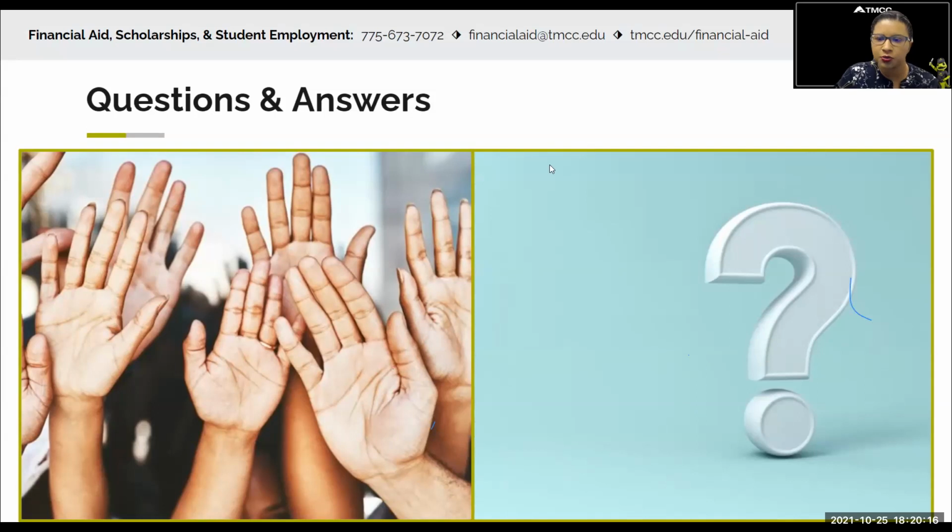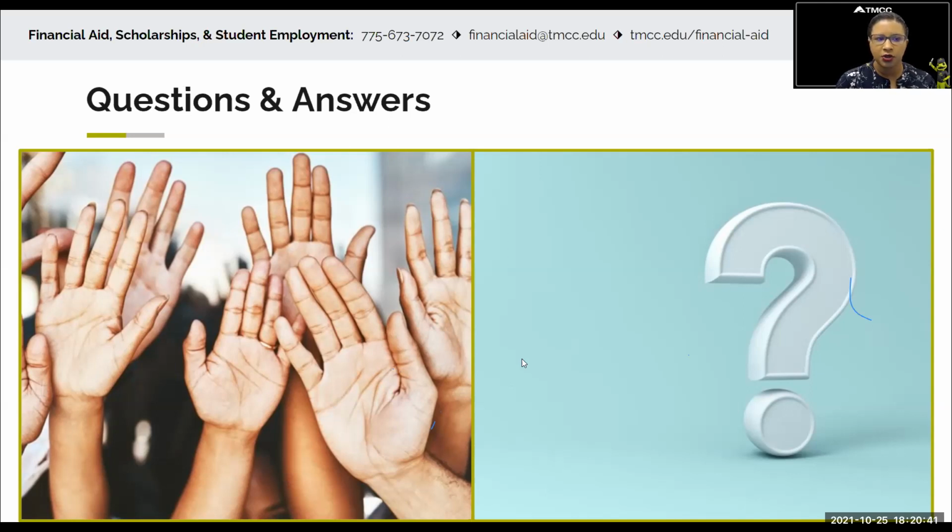Where and how to apply for the Millennium Scholarship? Wonderful. The Millennium Scholarship requires that the student gets a 3.25 GPA in high school, and then the Nevada Treasurer's Office will send the student a packet letting them know that they're eligible.